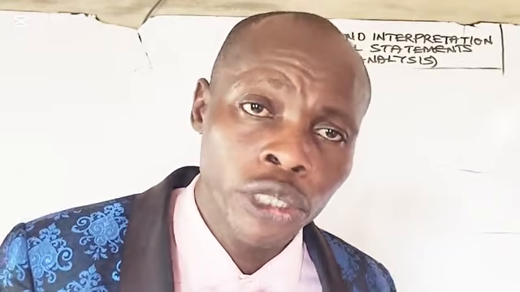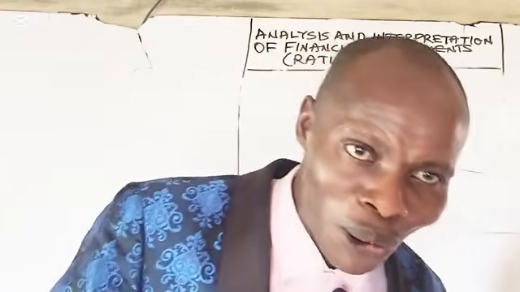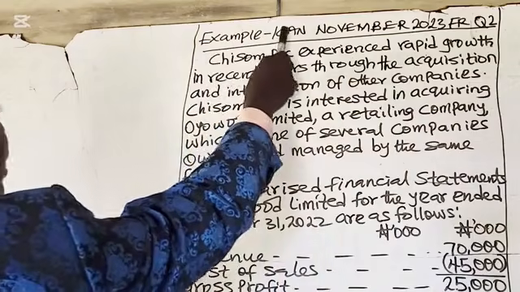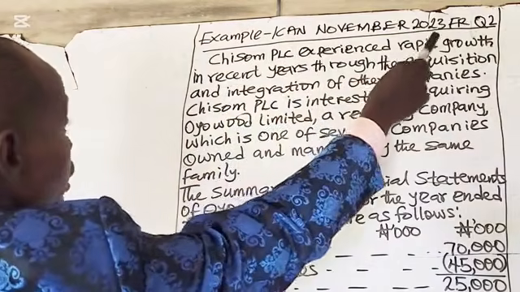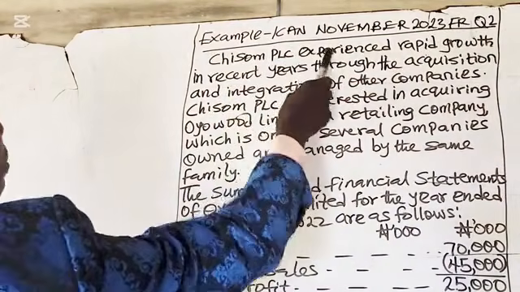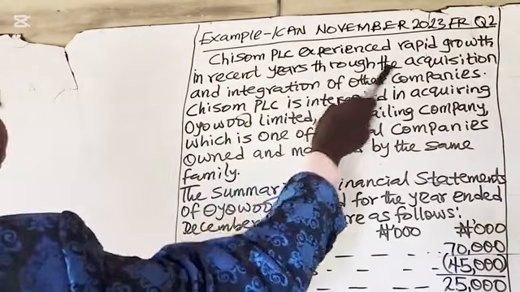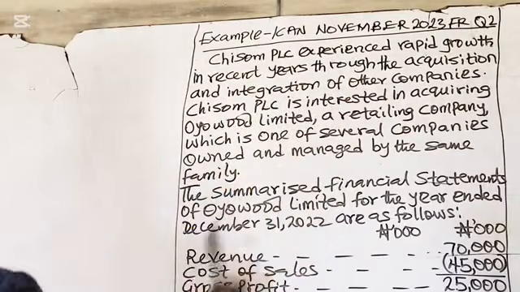Having examined the various performance ratios, let's solve a question from past exams. Example: this question is obtained from ICAN November 2023, Financial Reporting, question number 2. Shison PLC experienced rapid growth in recent years through the acquisition and integration of other companies.